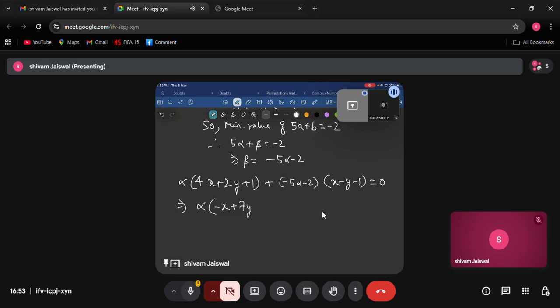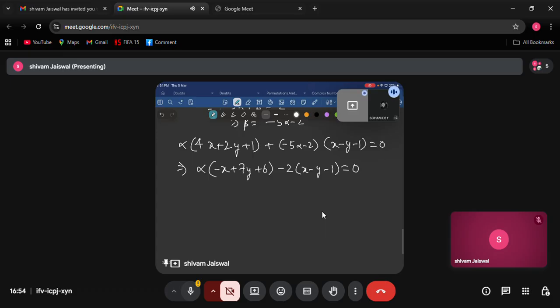And the constant term 1 plus 5 is 6. So alpha into (minus x plus 7y plus 6). And the other one: minus 2 into (x minus y minus 1) equal to 0.